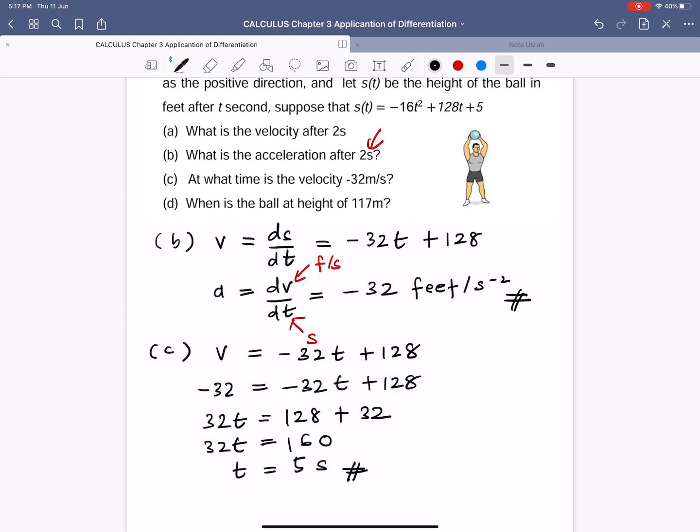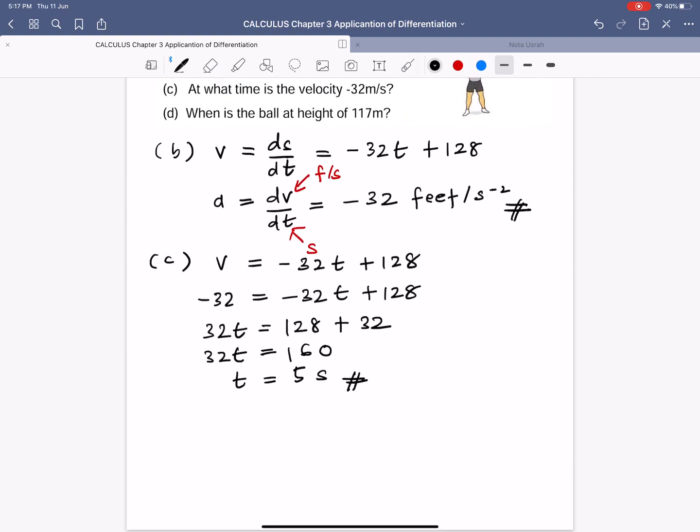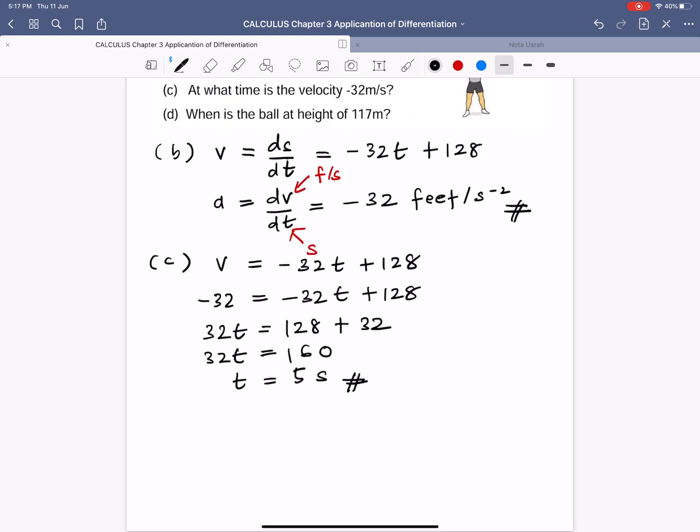Okay, question D. When is the ball at height 117 meters? So this is about the height. Height is actually the s in this question.